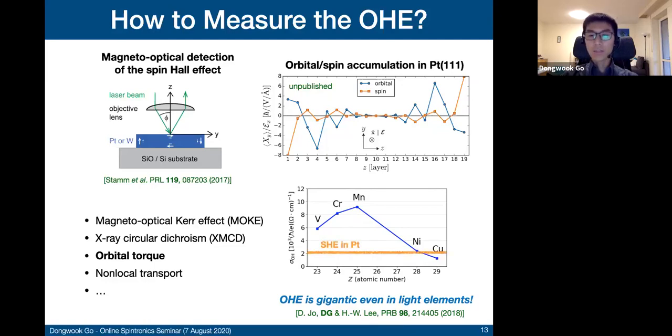Compared to spin Hall effect in platinum, where the level is around here, about 2,000, the magnitude of the orbital Hall effect is at least 2 times, 3 times, or 4 times larger. So the signal should be much more pronounced than the spin accumulation, I believe.